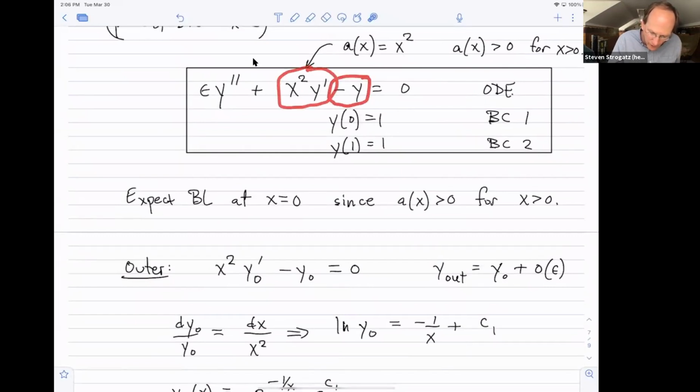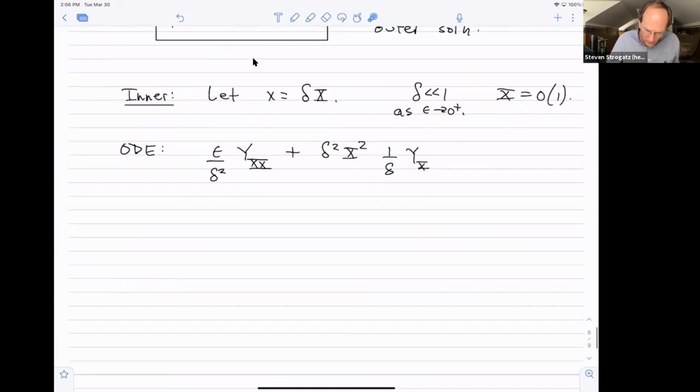Now I'm writing minus y. So that's minus big Y. That's all 0.